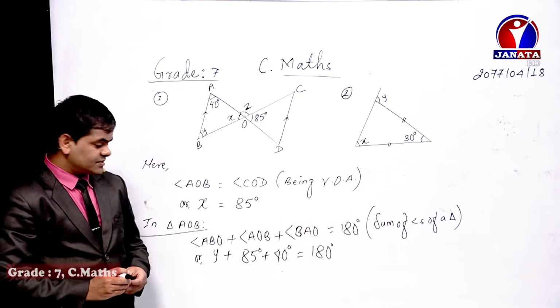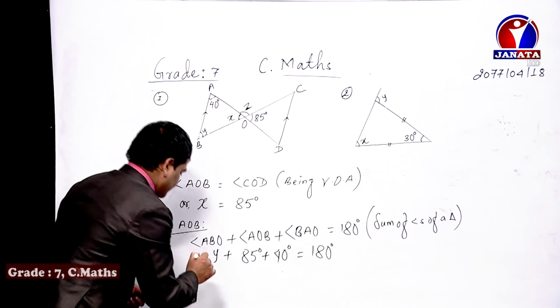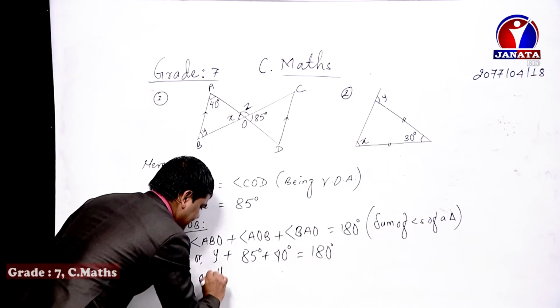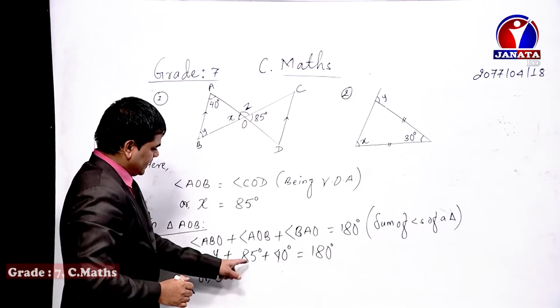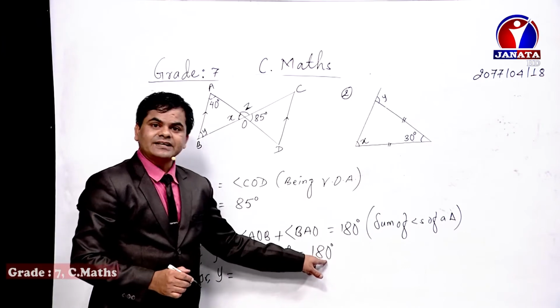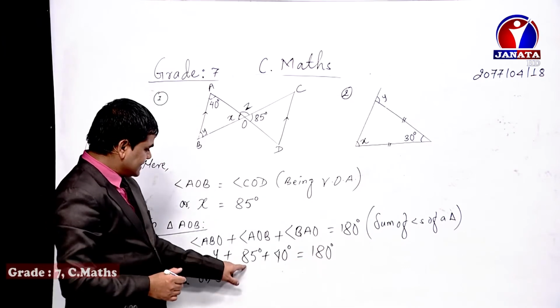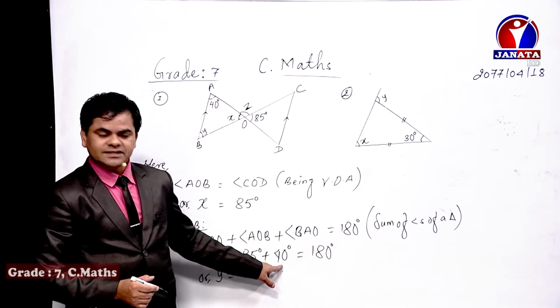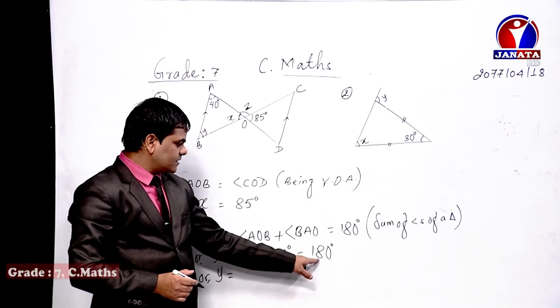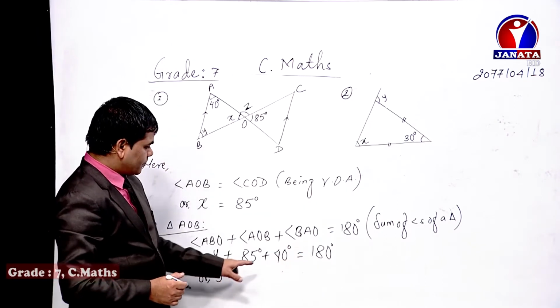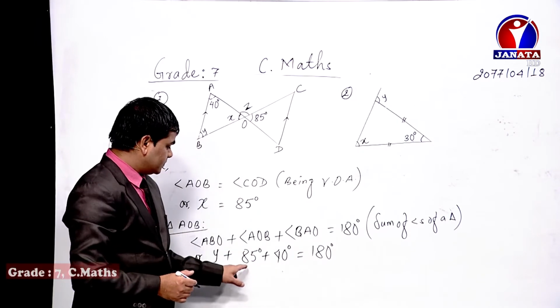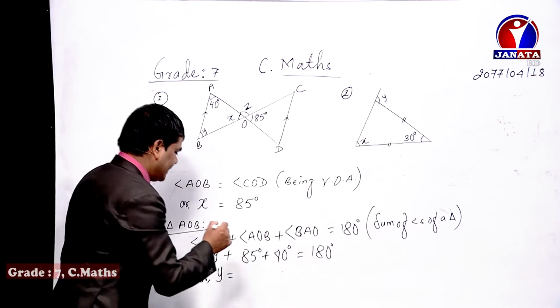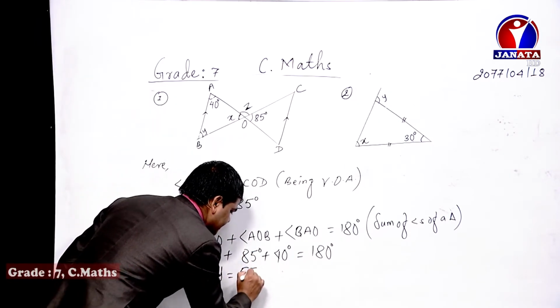Because these are the sum of angles of the triangle. Now to find y, y equals, if we take these two to the other side, it will be minus, isn't it? And 85 plus 40 is 125. And when we deduct 125 from 180, it will be exactly 55 degrees, isn't it?